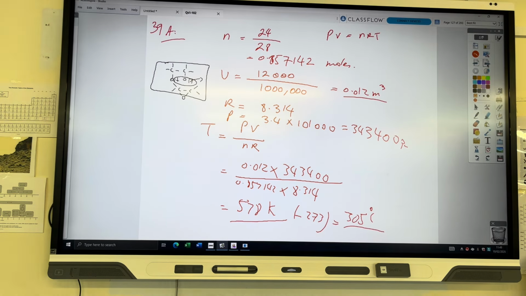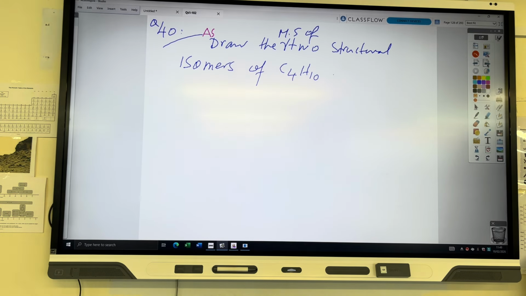And last but not least, draw the mass spec of 2 structural isomers of C4H10. So for this you have 7 minutes.